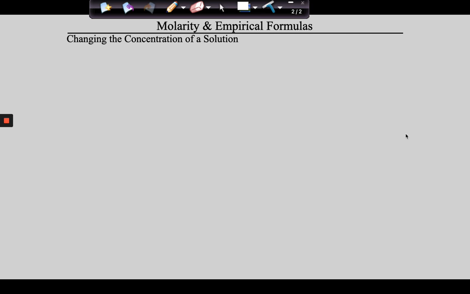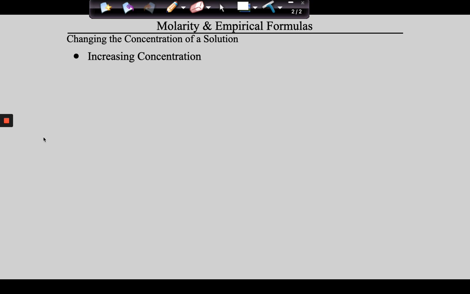So guys, what can we do then to change the molarity of a solution? And let's talk about increase first. So guys, if we want to make salt water saltier, or potassium permanganate solution potassium permanganatier, what do we do to make the solution stronger?